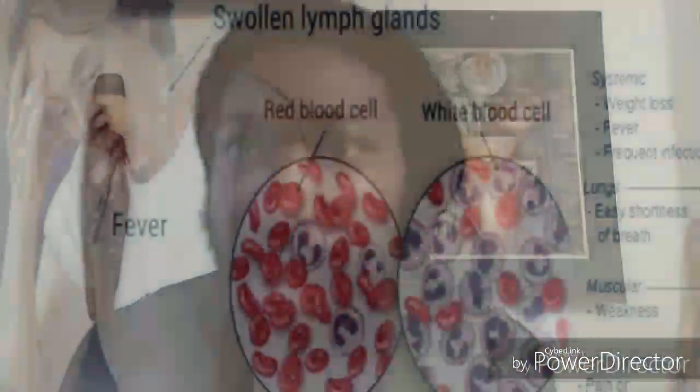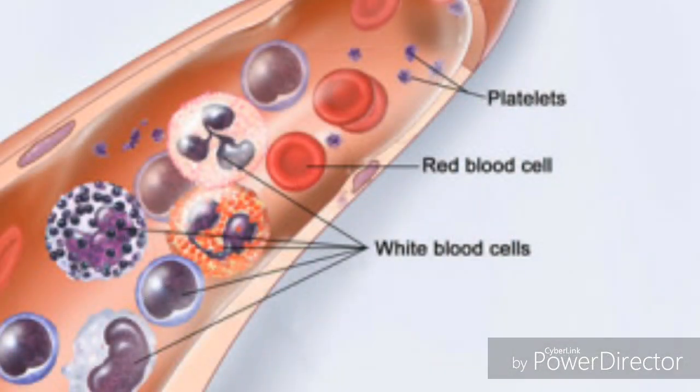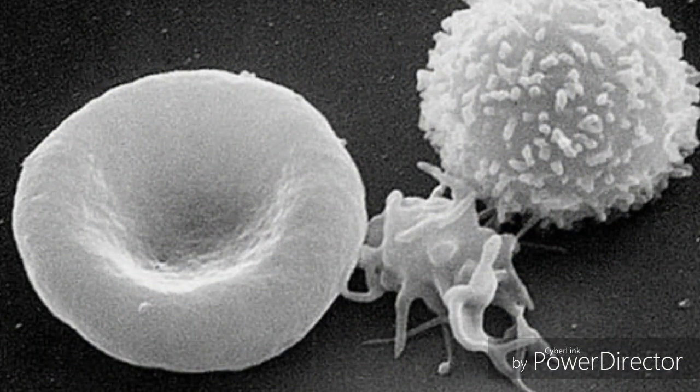Leukemia is a cancer of blood forming tissue which hinders the body's ability to fight against infections. Hence the word leukocyte, leukemia. And this is from the white blood cells, WBCs.